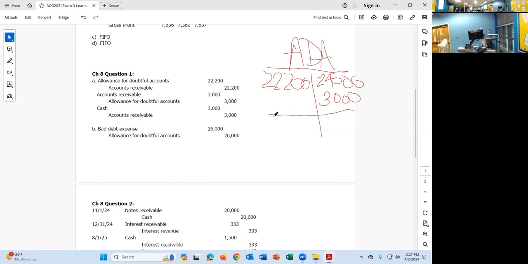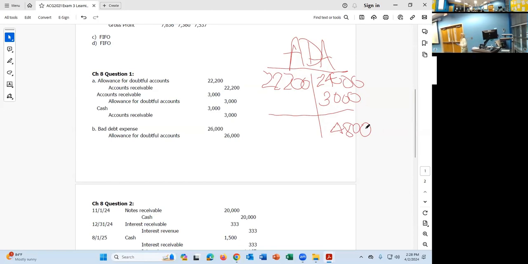So at the end of the year, we're going to calculate the balance in the allowance before we adjust it. So if we look at 24,000 plus 3,000 minus 22,200, we have an unadjusted credit balance in this case of $4,800 in the allowance for doubtful accounts.